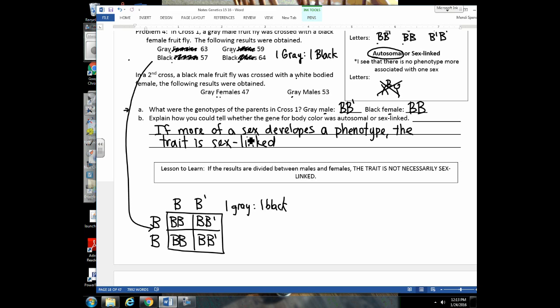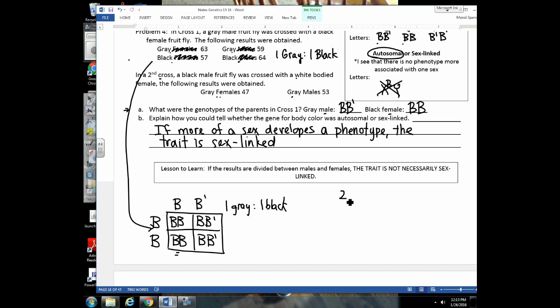Now, it's unnecessary, but I'm just going to go on and show that I probably guessed right as to the genotypes of the gray male and the black female. Because if I go down to the second cross, it says a black male fruit fly from this was crossed with a white-bodied female.